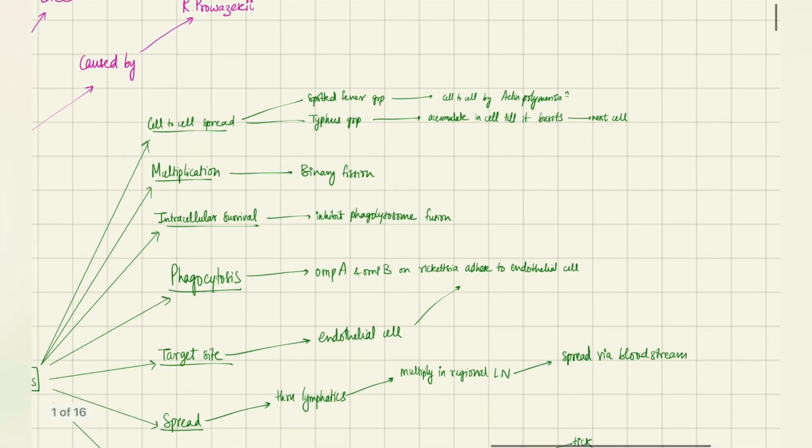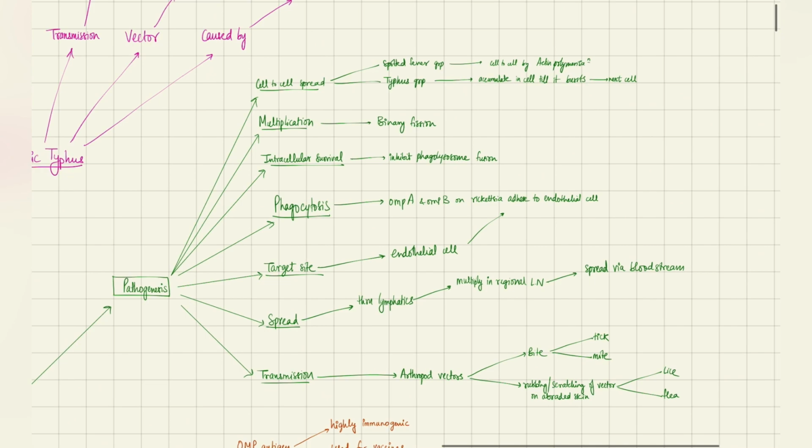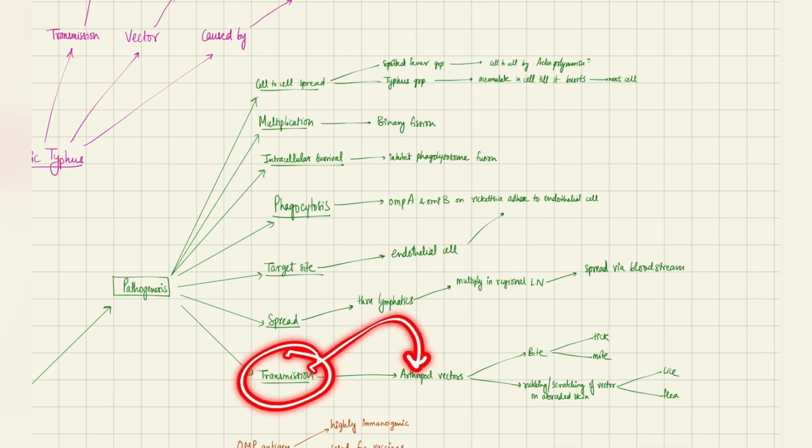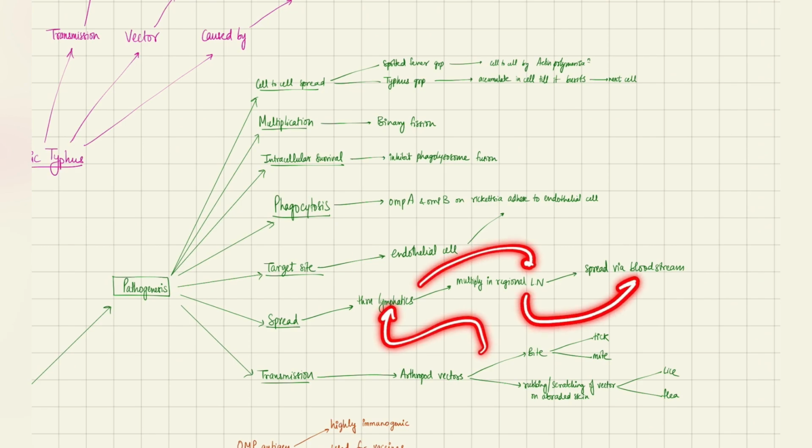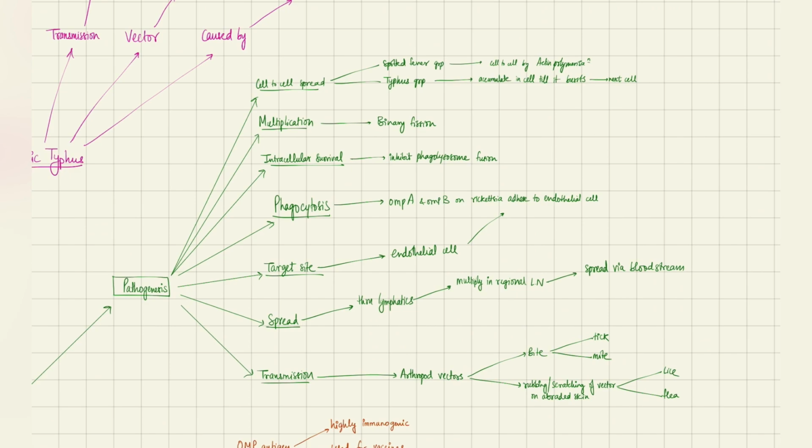So let's take a view of the pathogenesis till now. There is transmission first through arthropod vectors: a bite through tick or mite, and rubbing of the vector on abraded skin by lice or flea. After that, we enter the lymphatics, multiply in the regional lymph nodes and gain access to the bloodstream. There, we attach to our target endothelial cell via OMP-A and OMP-B antigen, where phagocytosis occurs, and the bacteria survive in the phagocyte by inhibiting the phagolysosome fusion.